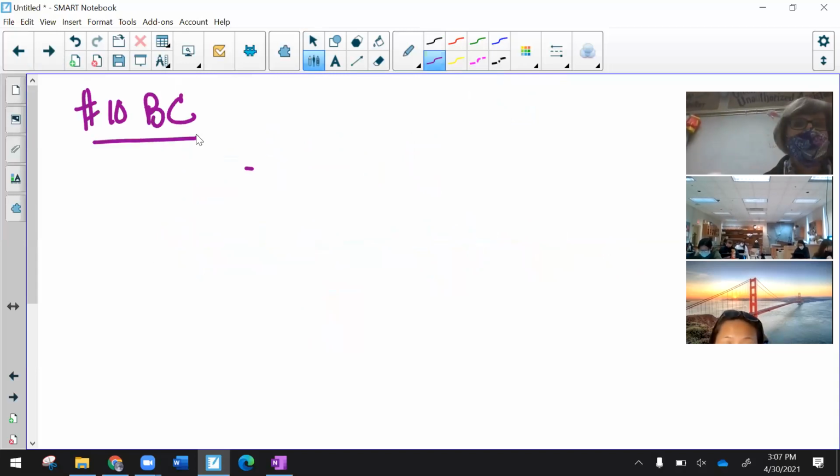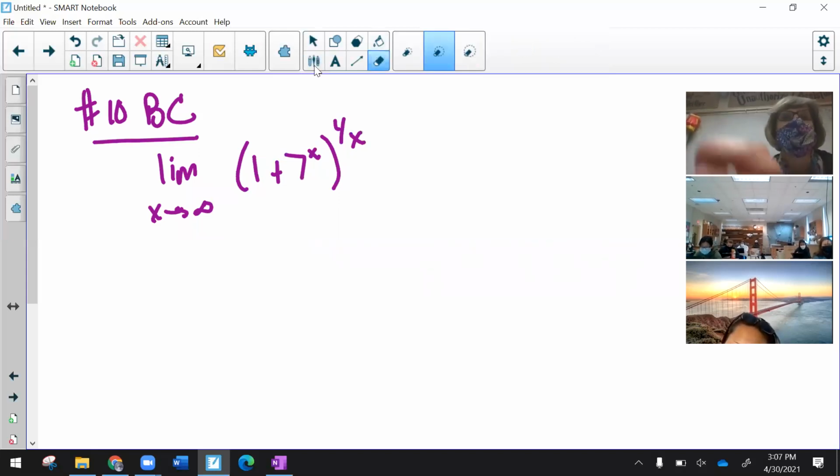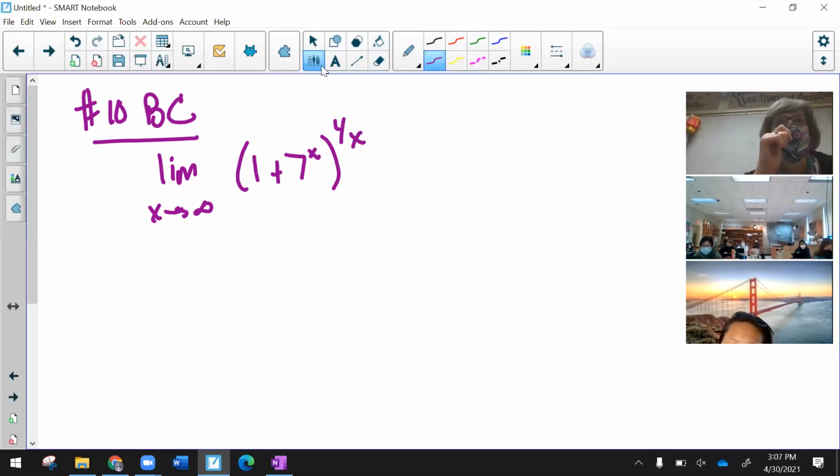So your 10 is the limit as x goes to infinity of (1 plus 7 to the x) to the 1/x. Everybody should pay attention to this one because this is L'Hopital's rule, sort of.